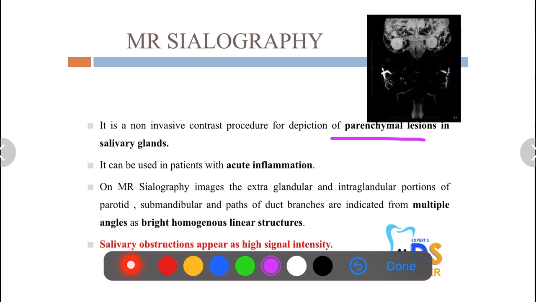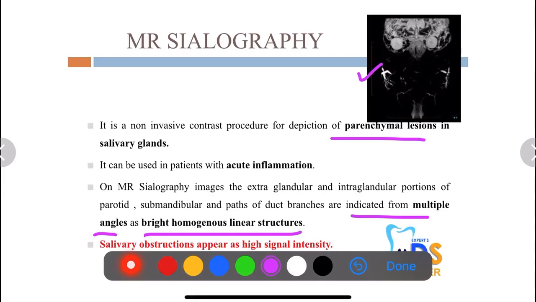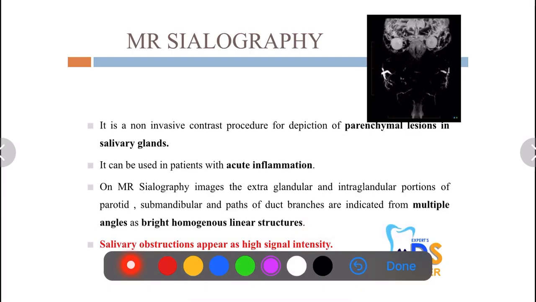On MR sialography, the extraglandular and intraglandular portions of the parotid, submandibular, and also the path of the duct branches are indicated from multiple angles, and they are seen as bright homogeneous linear structures, as you can see in the picture. Salivary obstructions are again seen as high signal intensity. Okay, so just remember this thing.